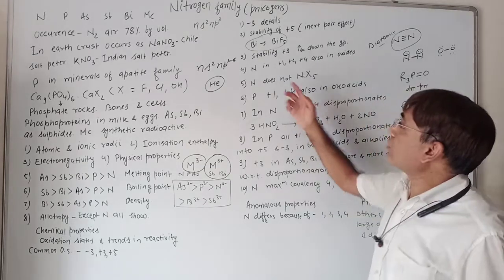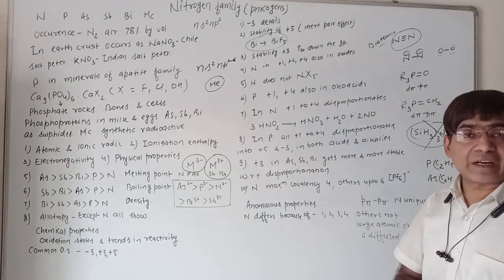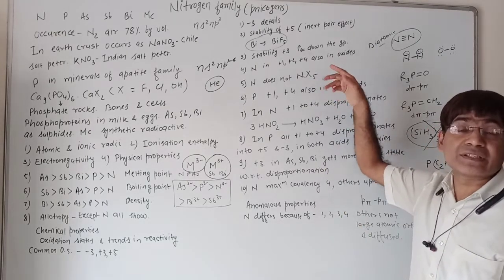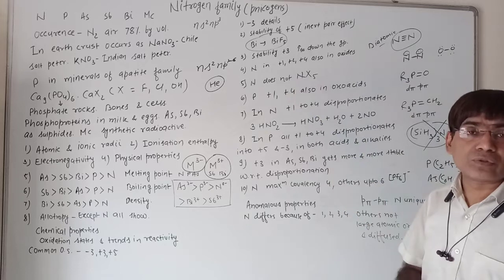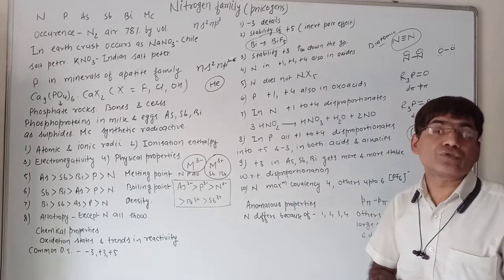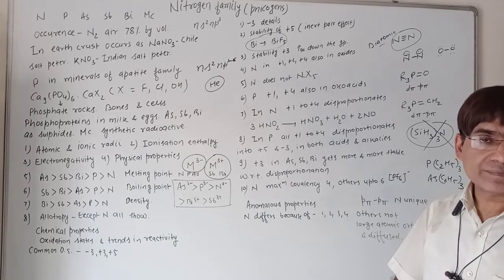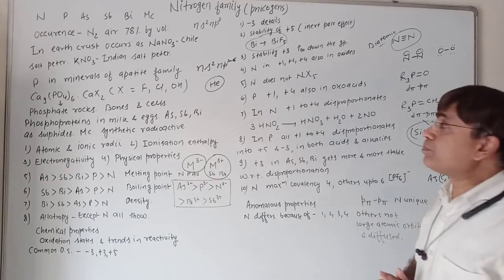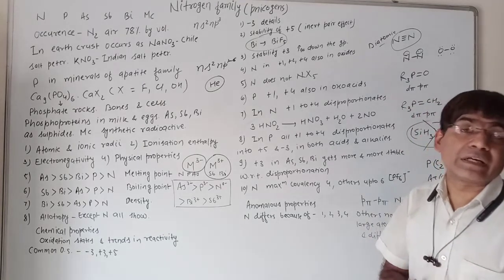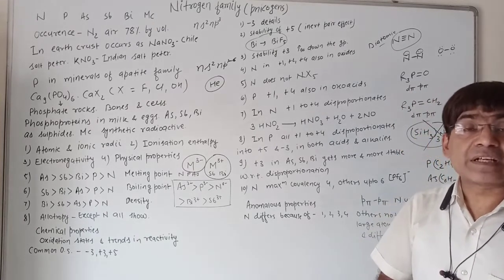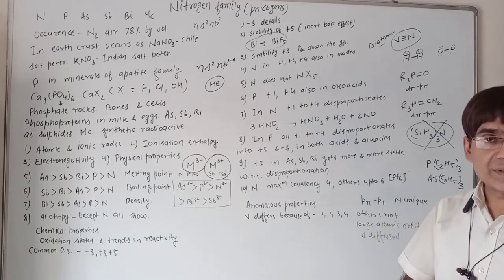This again is a consequence of the inert pair effect only. The stability of +3 oxidation state increases down the group. Is it clear? So the +3 compounds of bismuth are the most stable among the +3 compounds of all these group elements.